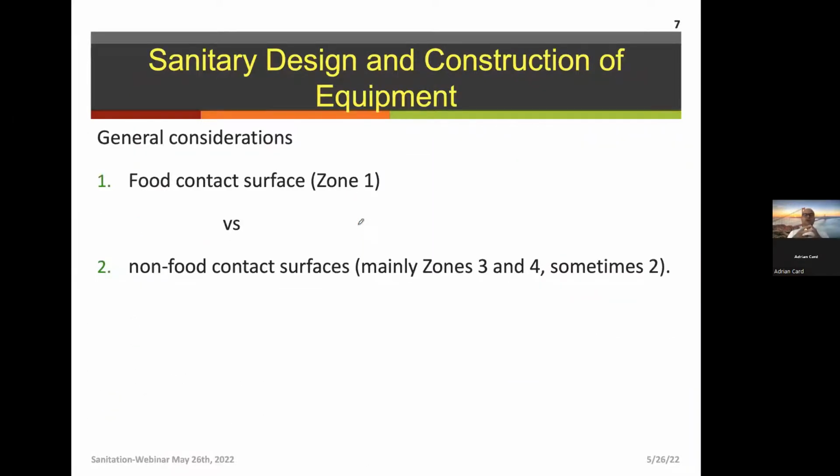So when we talk about zones, like I said before, we have food contact surfaces that are zone 1, and then non-food contact surfaces that tend to be zones 3 and 4, and in some cases, zone 2. And if we want to tie that back to the construction and design of equipment and the requirements that come from the Produce Safety Rule, one of them is that they will be of adequate design.